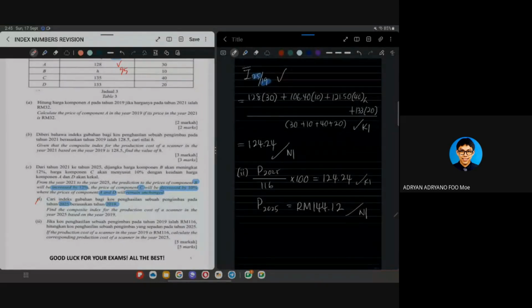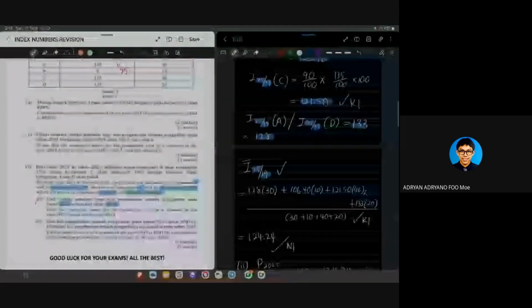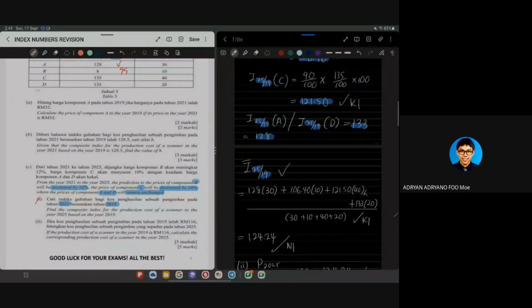Because they mentioned already, B increased 12%, C decreased 10%, while A and D unchanged. Can you see? Different ingredients have different rates of change. So we must first find their new index, then only can we find the new composite index.